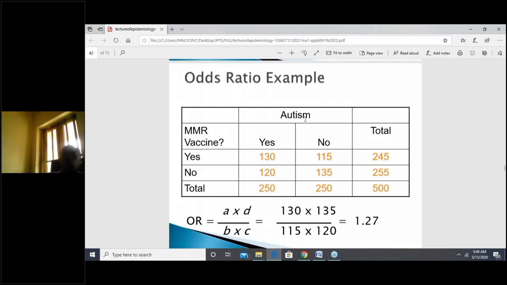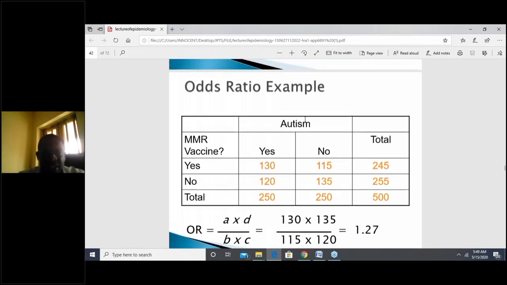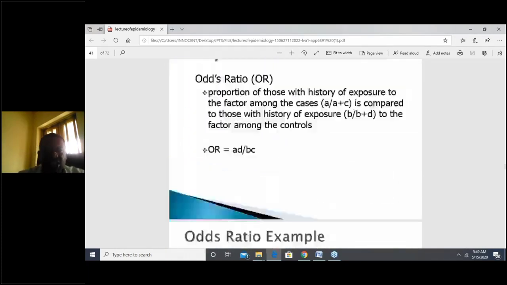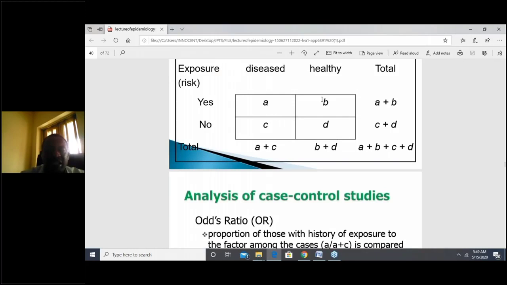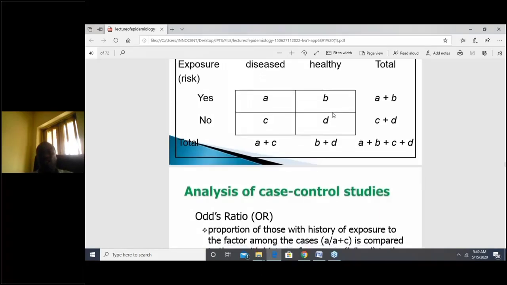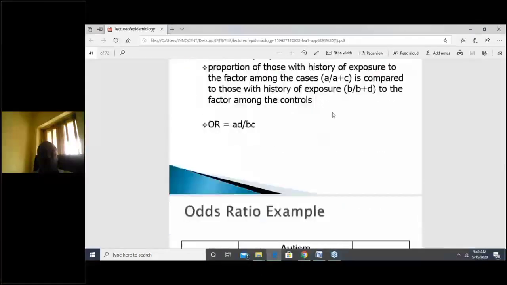So we want to look at the odds ratio. What is the likelihood of this happening? So we are looking at autism: A times D over B times C. Let's evaluate it. We are evaluating the ratio in relation to healthy people. Let's see the outcome of that evaluation.